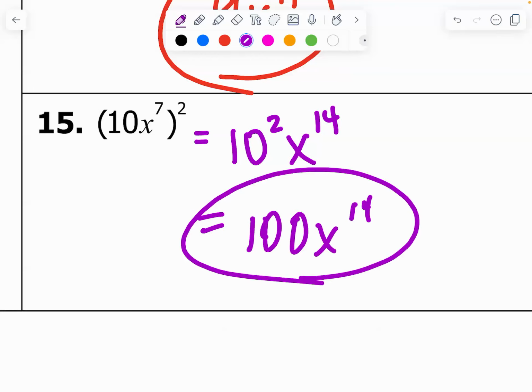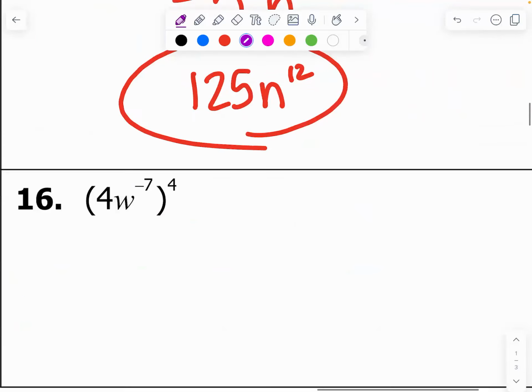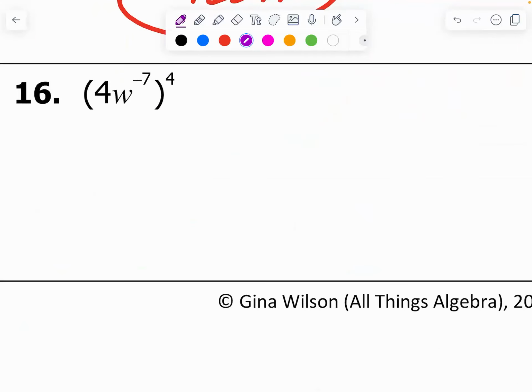It's okay. All right, now let's go to number 16. Number 16 is very interesting because we have a negative exponent in there. So this 4 is our exponent for everything inside the parentheses. So we have 4 to the 4th and W to the what, Kanaya? Negative 28.